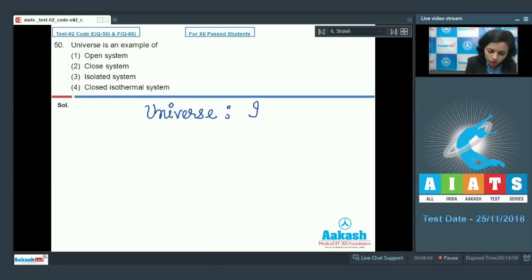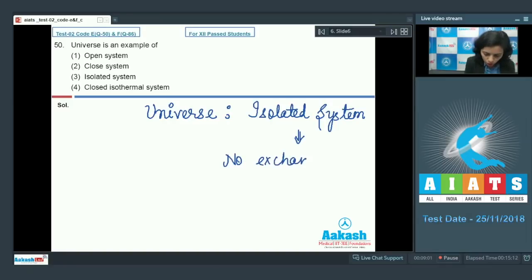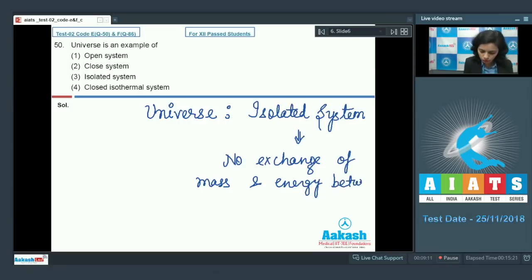So simply universe is an example of isolated system, because in this case there is no exchange of mass and energy between the system, that's the universe, and surroundings.